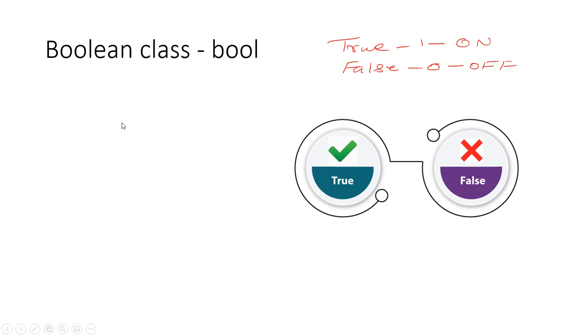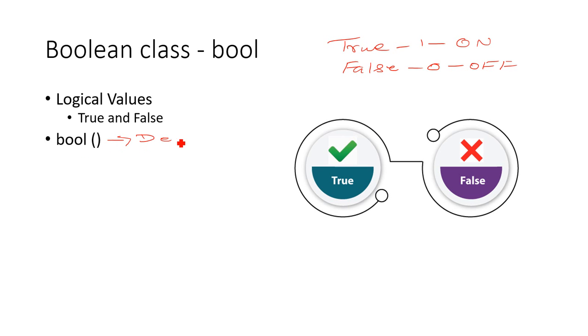Now, looking into the concept of the Boolean, as we know, it returns True and False values. The Boolean class has a constructor. A constructor where no argument is passed is called a default constructor. For a default constructor, it is set to return the value False.